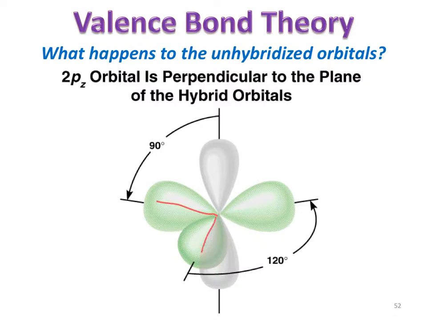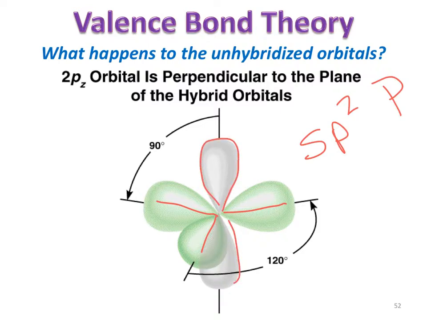Here we see an sp2 hybrid, but if we have an sp2 hybrid and there are 3 p orbitals, there's 1 p orbital left, and that p orbital is here, the orbital in gray, and it is perpendicular to the plane where the sp2 hybrids are, and this orbital is available to bond with other p orbitals to create additional bonds.